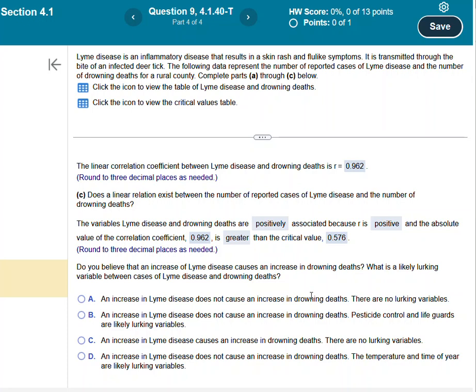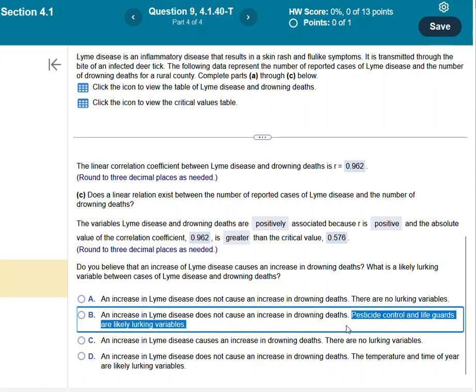So you might think about whether or not these suggested lurking variables are relevant. Pesticide control: is that related to both Lyme disease and drowning deaths? Well, it certainly could be related to Lyme disease. Okay, so I'll let you think about the rest.